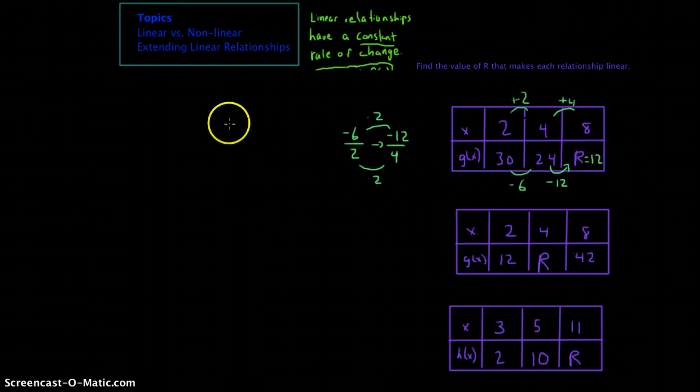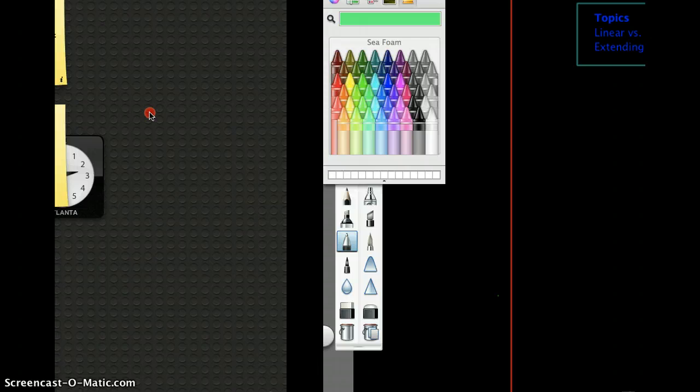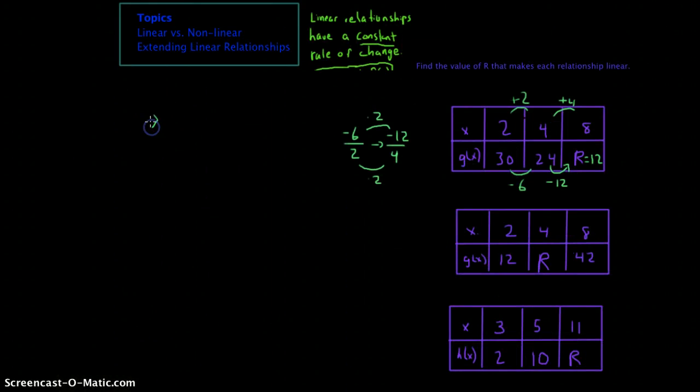Now, another way that we could have done that, let me just show you this quickly. Let's take the same table here, x and g of x. Let's think about what would happen if we filled in some of these other numbers.